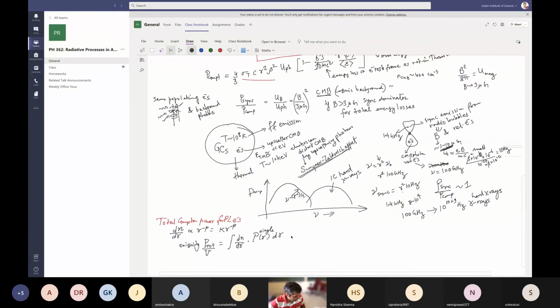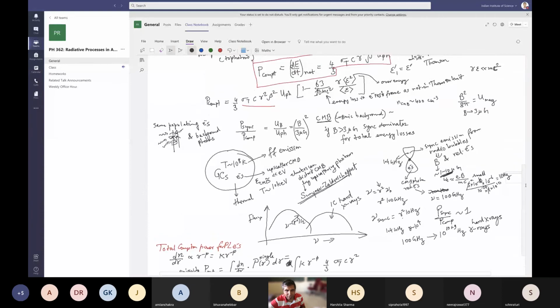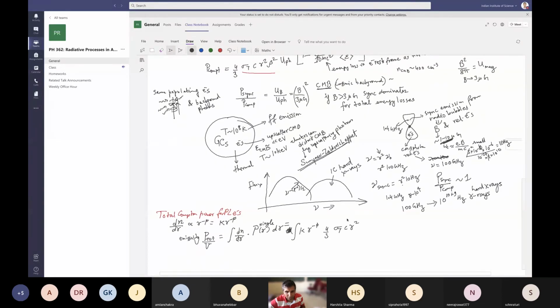So what do we get here? This is equal to k gamma to the minus p times 4/3 sigma T c gamma squared. We take beta to be 1, relativistic particles, and u photon, u_ph d gamma.